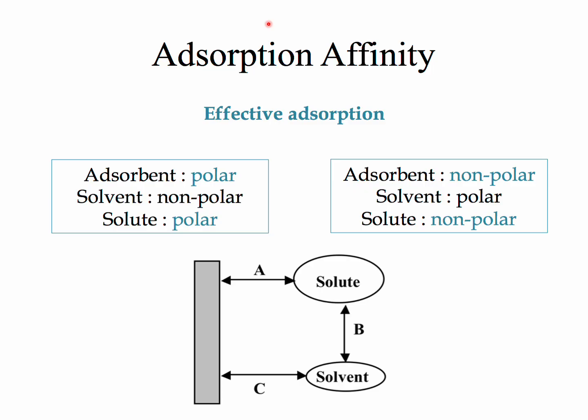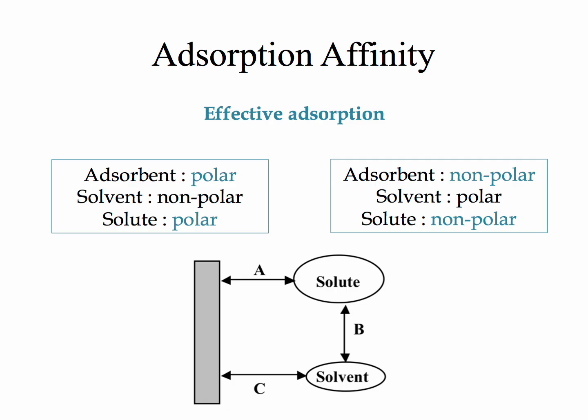If we refer back to the diagram, A represents the interaction between the solute and the surface, B represents the interaction between the solute and the solvent, and C represents the interaction between the solvent and the surface. So for effective absorption, we want A to be strong and C to be weak, so the solute can successfully compete for the absorption site on the solid surface.